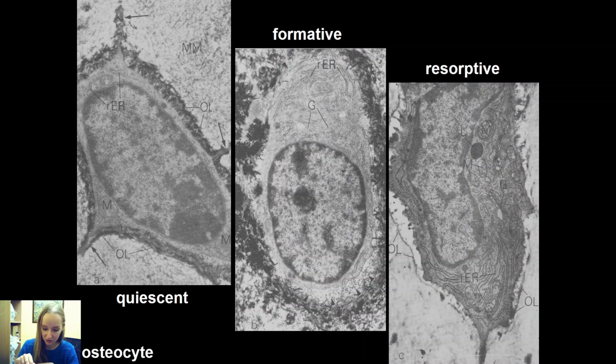Osteocytes can be found in a formative state, but this is the quiescent state. It's at rest, an osteocyte at rest. When it's stimulated, it's called the formative state of the osteocyte, and sometimes they can even resorb the bone like osteoclasts.